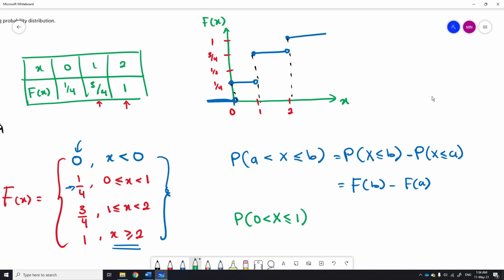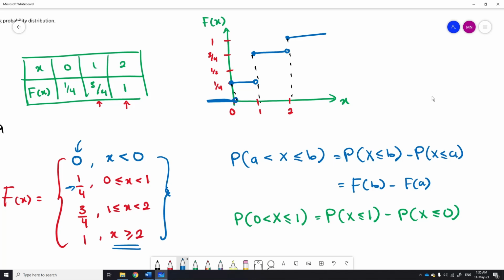This can be changed into the probability of x less than or equal to 1 minus the probability of x less than or equal to 0.